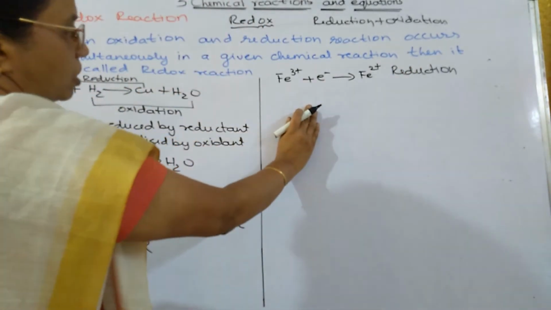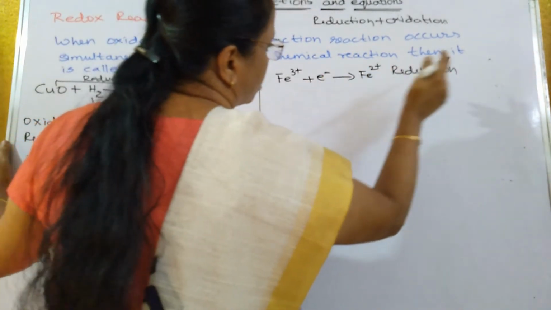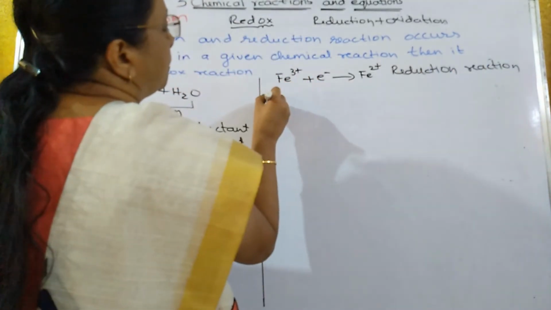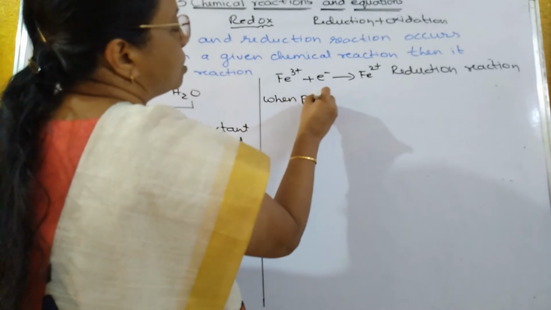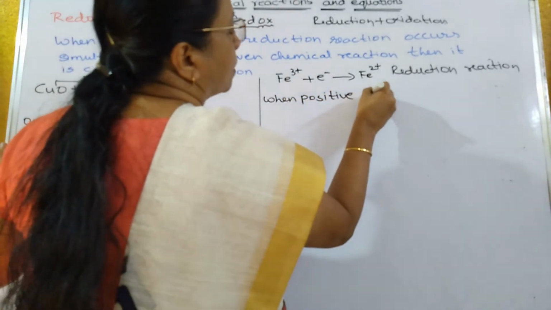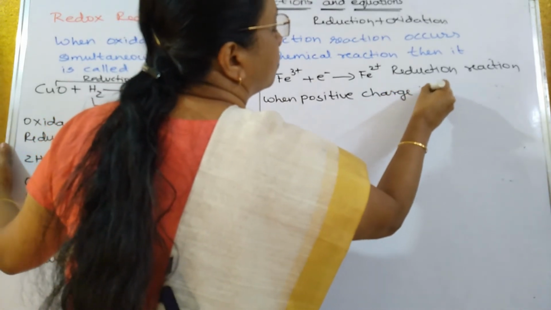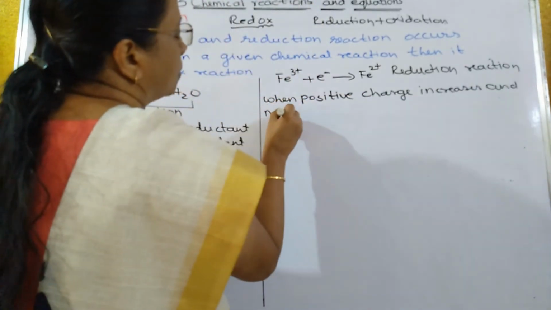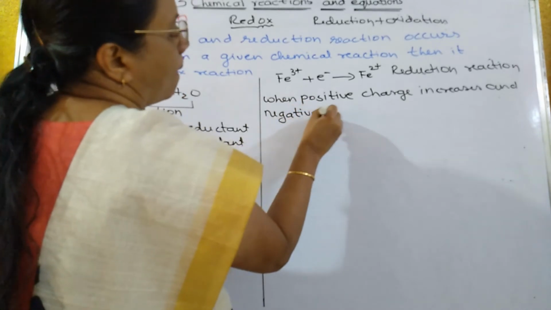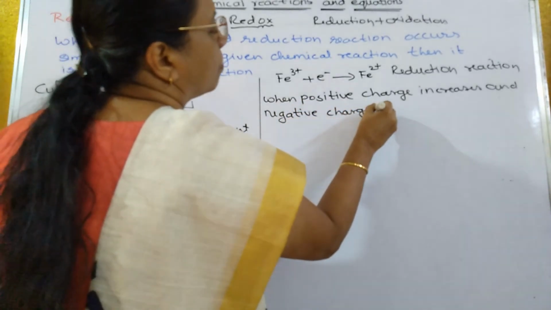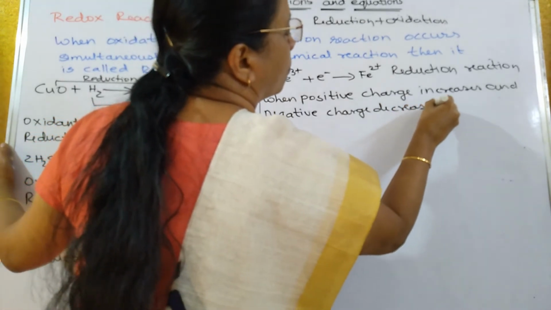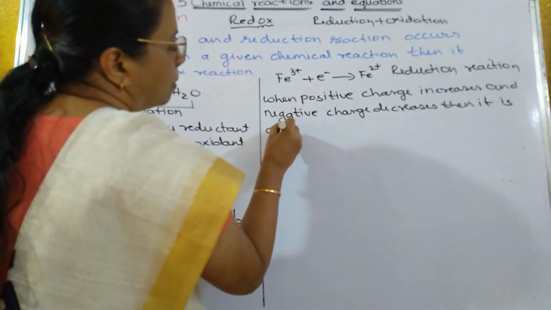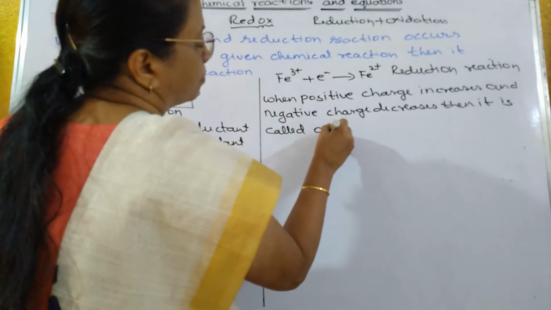So what is a reduction reaction? Gaining electrons. So when positive charge increases and negative charge decreases, then it is called an oxidation reaction.